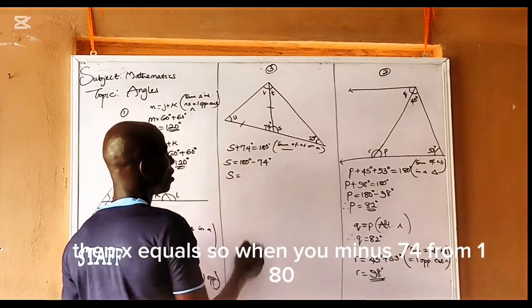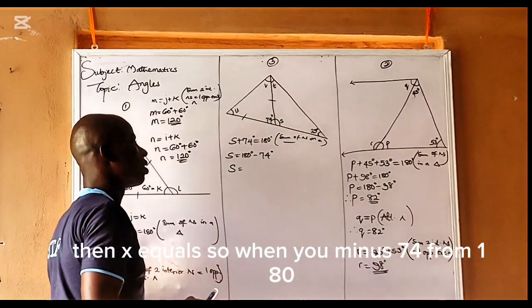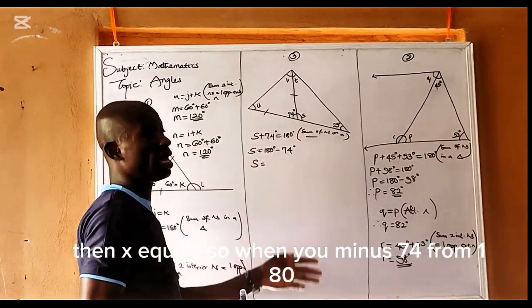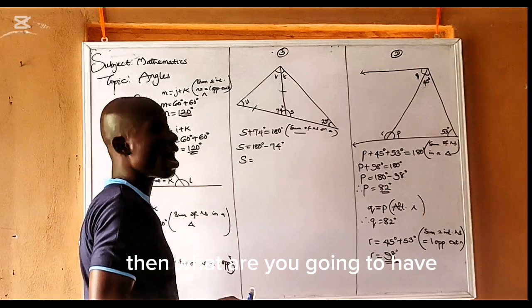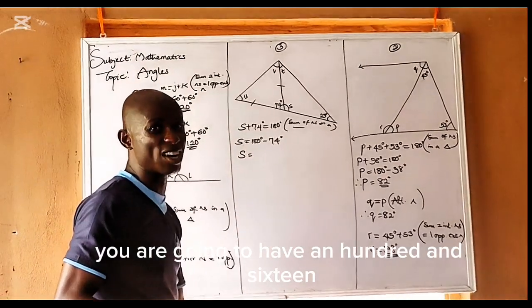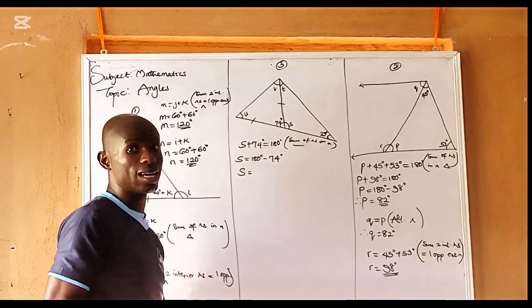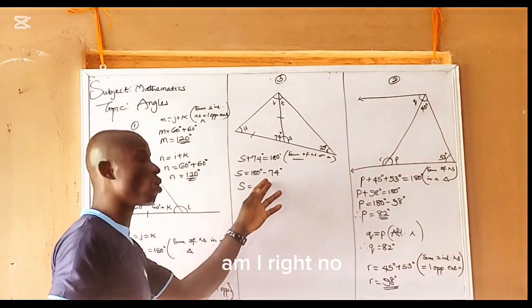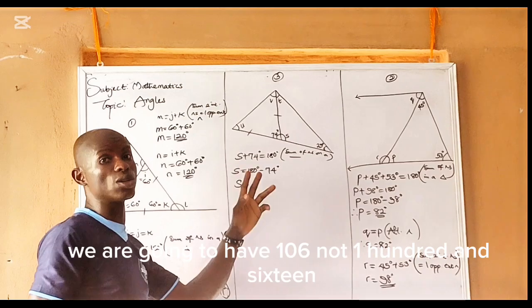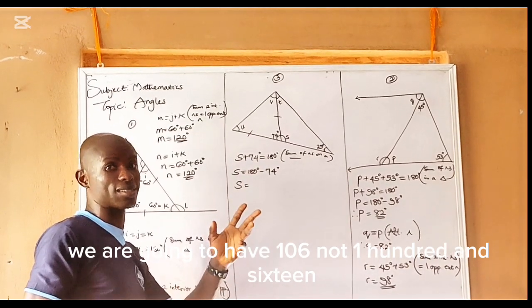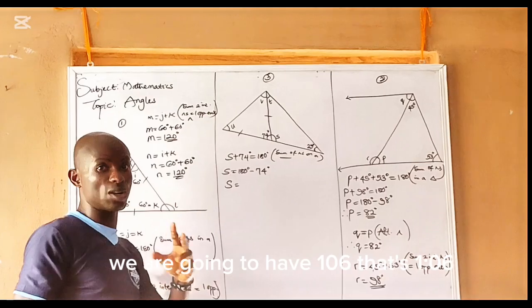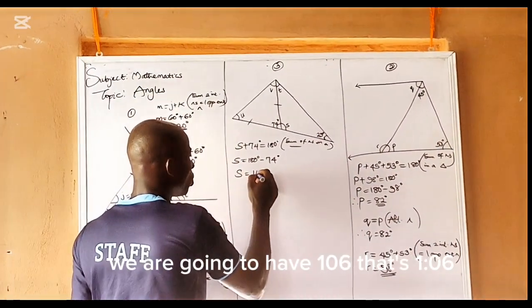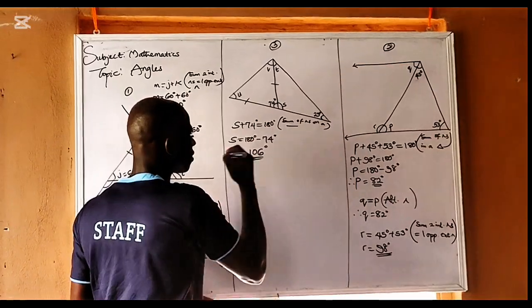So when you minus 74 from 180, what are you going to have? You are going to have 116. Am I right? No. We are going to have 106, not 116. That's 106, and that's it.